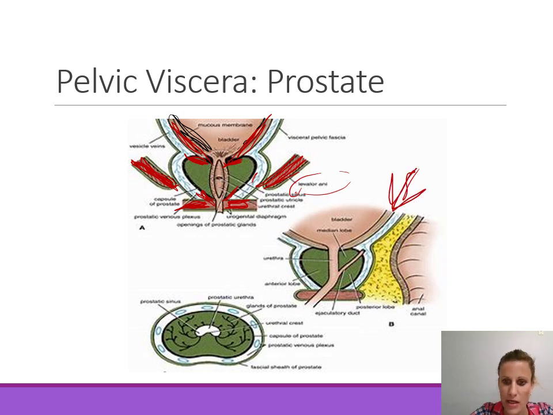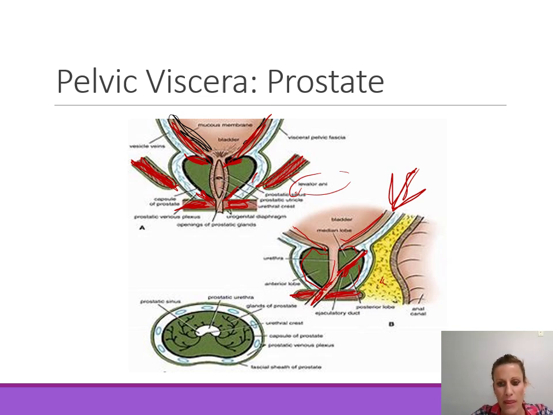Here, again, you can see the urinary bladder and the prostate below. In this picture, however, you can see the ejaculatory duct merging with the prostatic urethra. And then again, you can see the urethra exiting the prostate and just below that going through the external urethral sphincter.